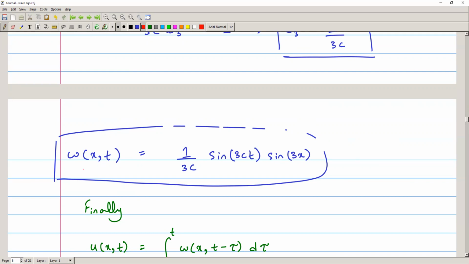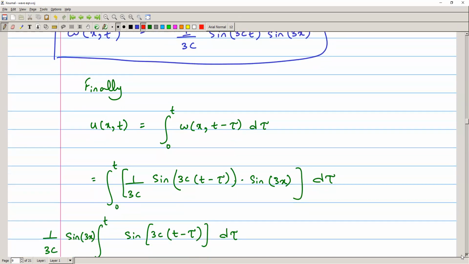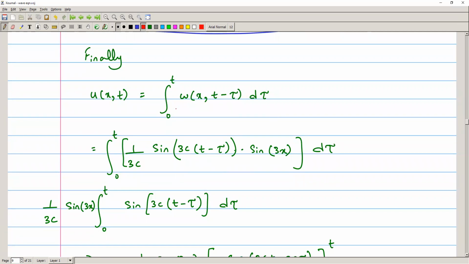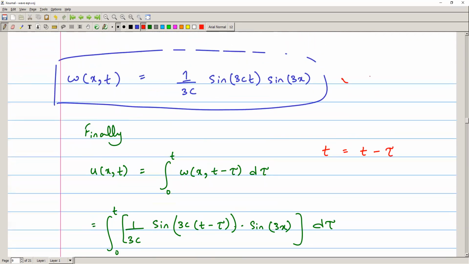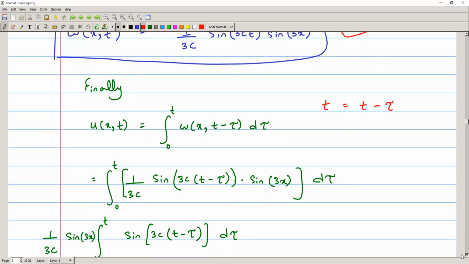Now we can use this w(x,t) to apply Duhamel's principle. So here u of x,t will be equal to the integral from 0 to t of w of x,t minus tau. So we will replace t by t minus tau in this equation, right? And we'll integrate from 0 to t.